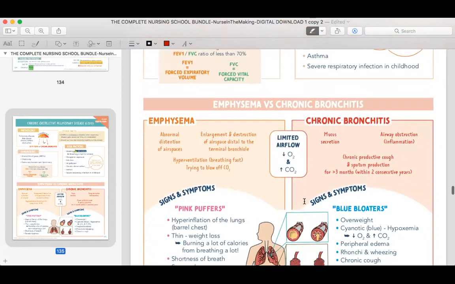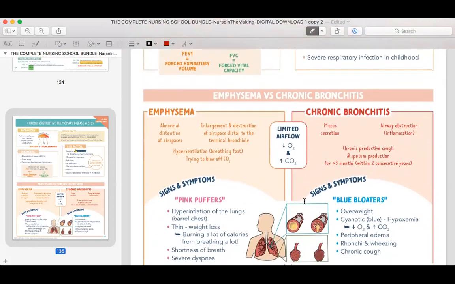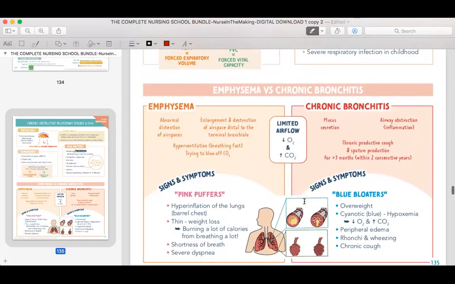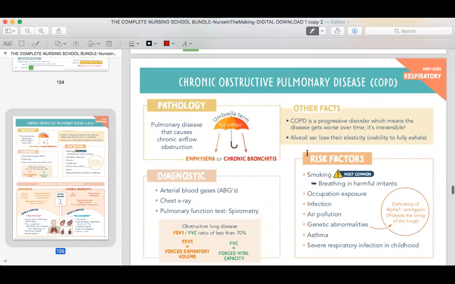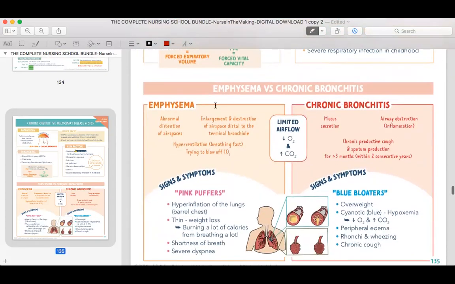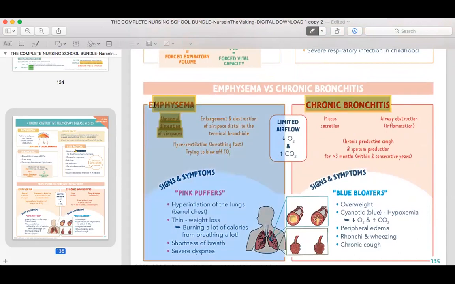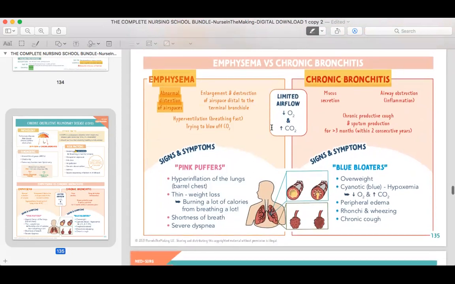There are two types of COPD. And you have to know this because it does show up on ATI. There are the risk factors, but you have to know these two: emphysema and chronic bronchitis. You have to know both of them.